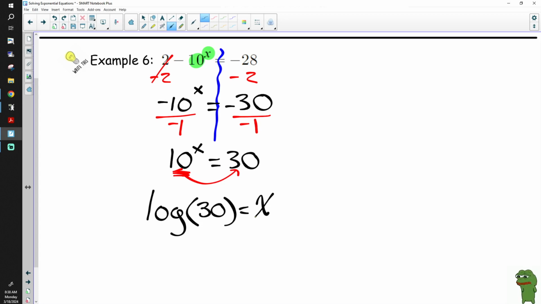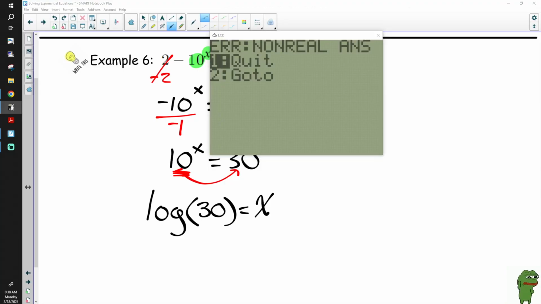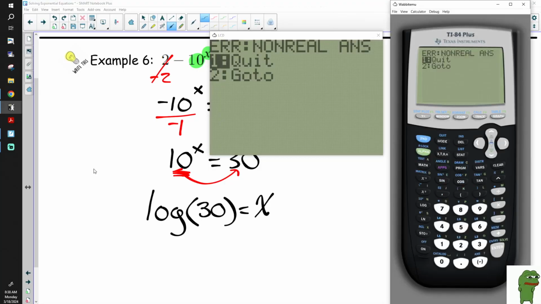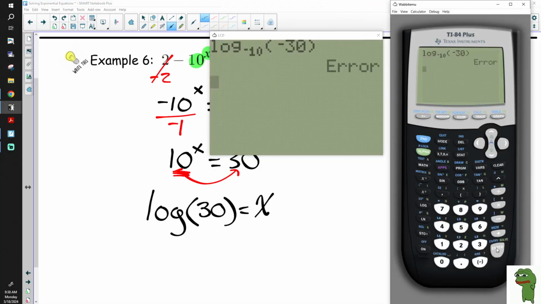My base is now positive, which means I am allowed to plug it into my calculator. And I shouldn't get an error. So let's double check. Log of 30. Click enter.